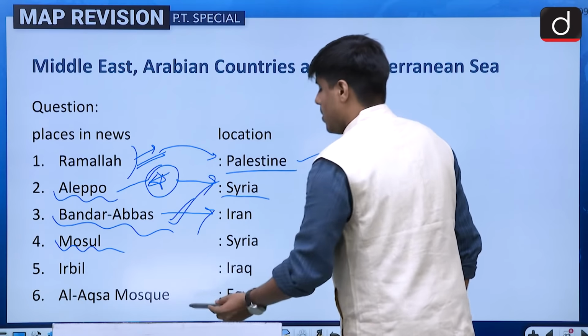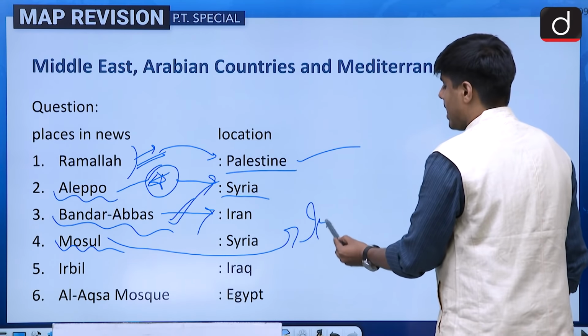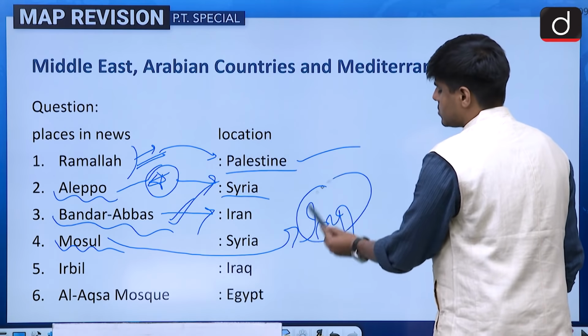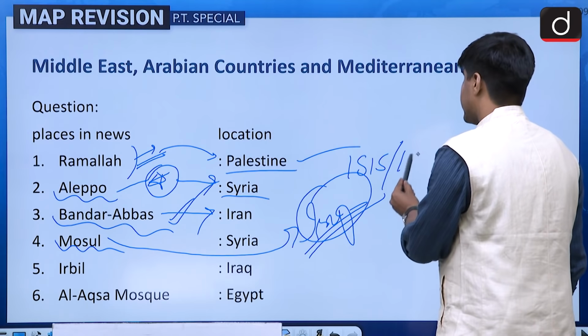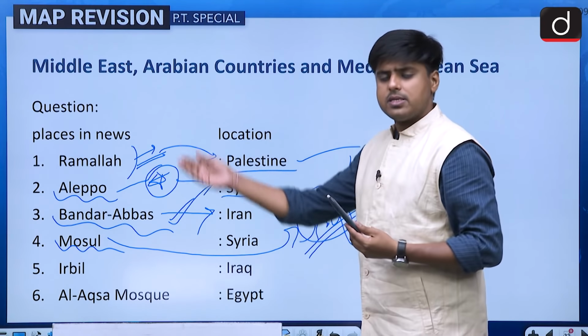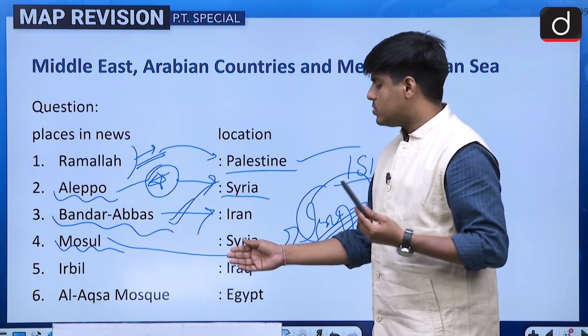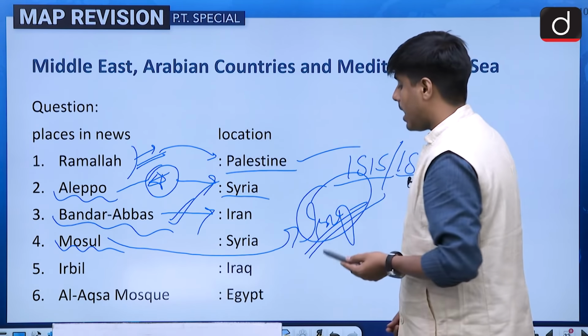Then Mosul. Mosul is a city located in Iraq, and it was in news many times due to ISIS or ISIL that had sway over it for some time, or back when the Iraq war was happening. So Mosul is a city in Iraq.